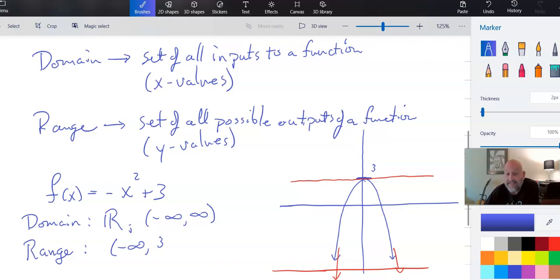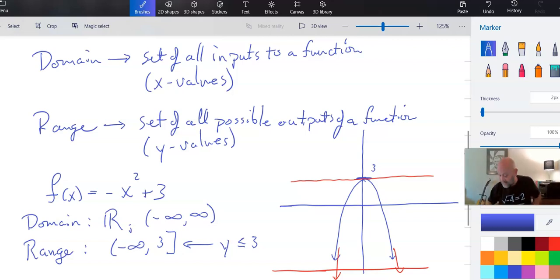And 3 is an included value, so we put a square bracket on 3. I know you probably thought that notation was not going to come in handy again, but it is. Because all the y values you reach are when y is less than or equal to 3. And you notice that's the graph for y is less than or equal to 3. Okay, so it's really a matter of looking at it.